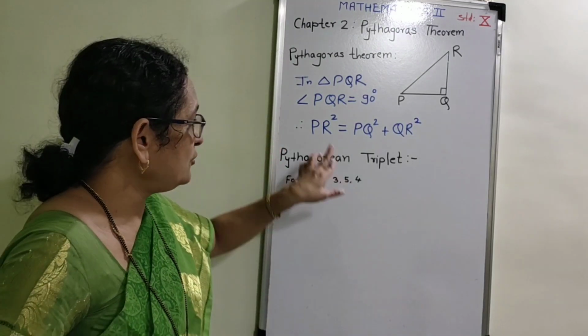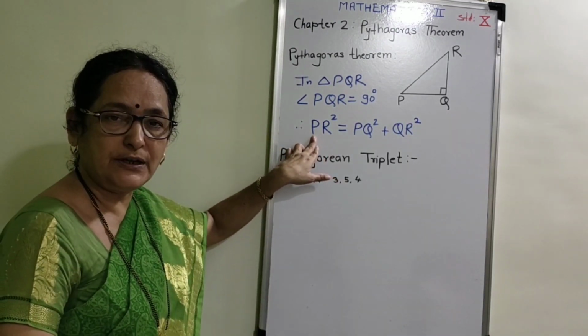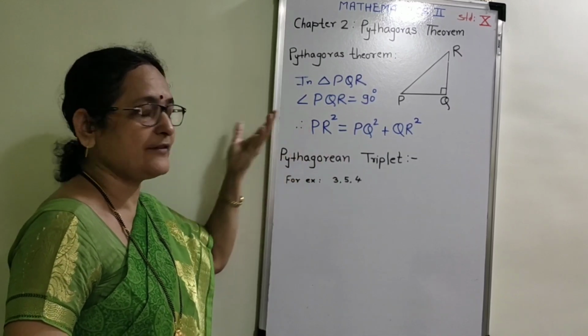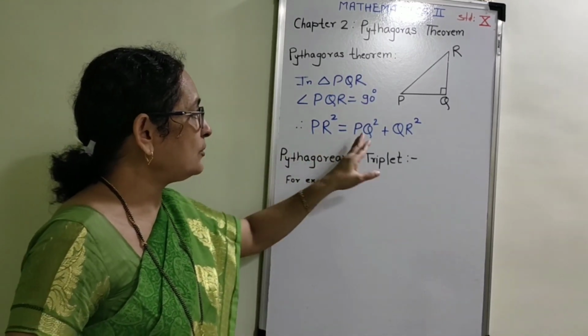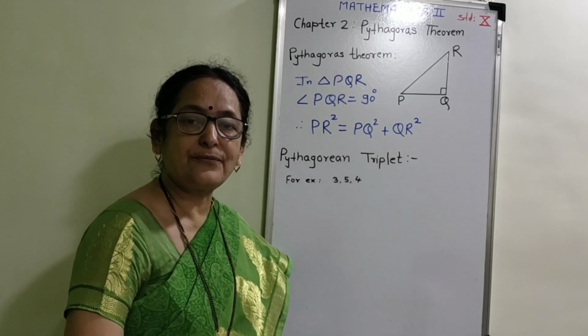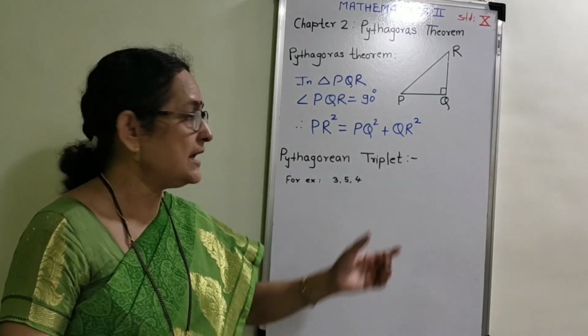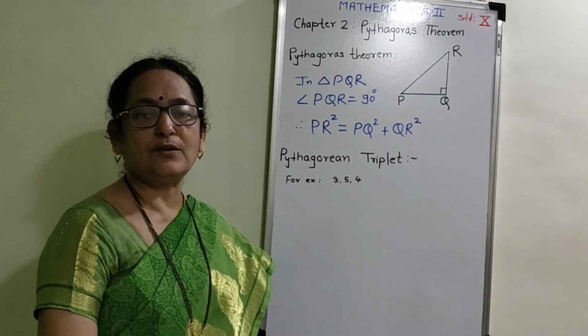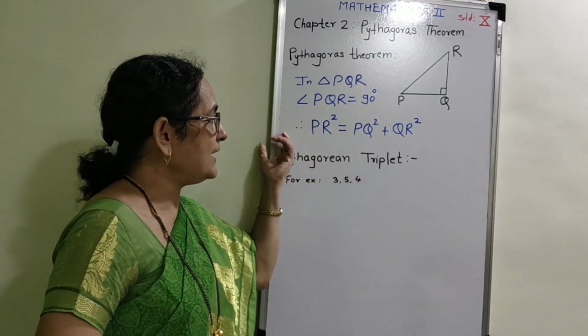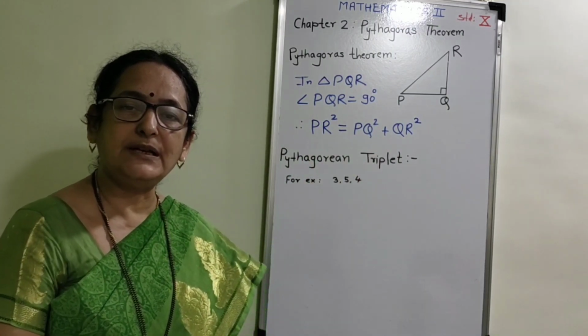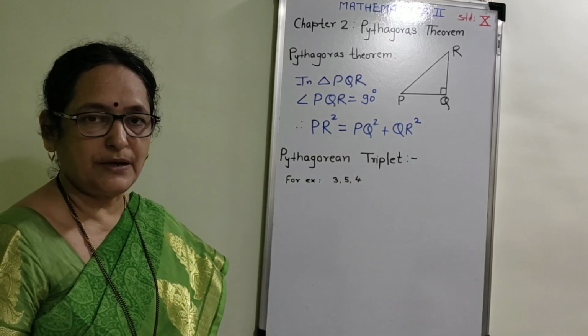Now when you are going to find out the length of the hypotenuse, write hypotenuse square on left side. When you are going to find out any one side from the perpendicular sides, write this addition on left side. You can change the positions of this addition and this expression.